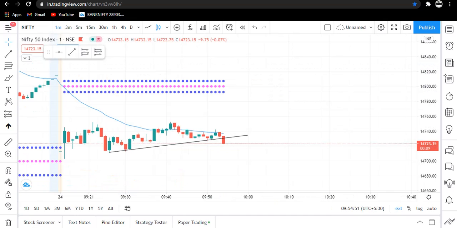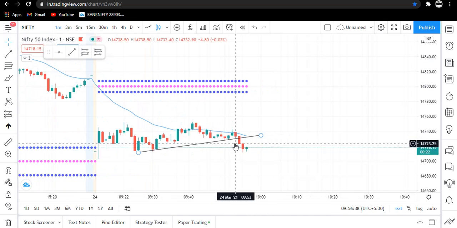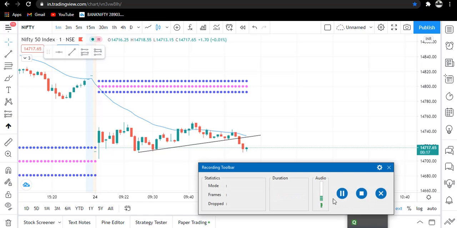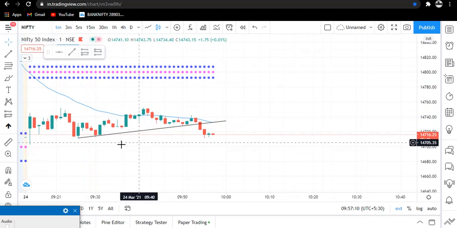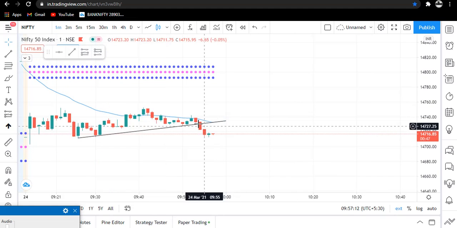So first we came on to the chart of Nifty. Okay traders, coming on to the chart of Nifty, here you can see that we made a trend line and it gave the breakdown.